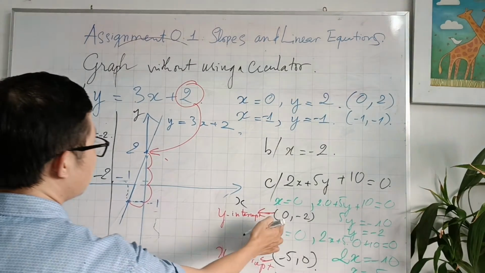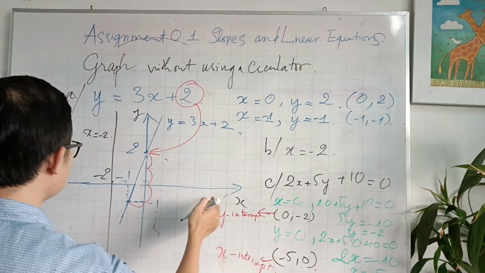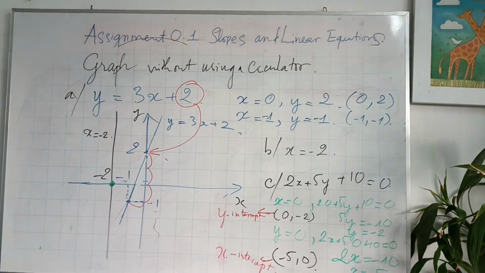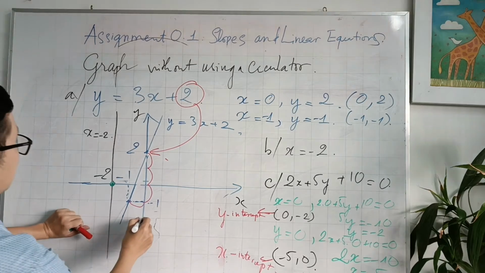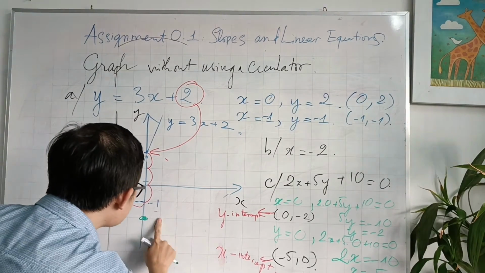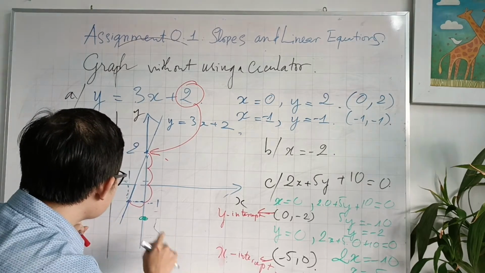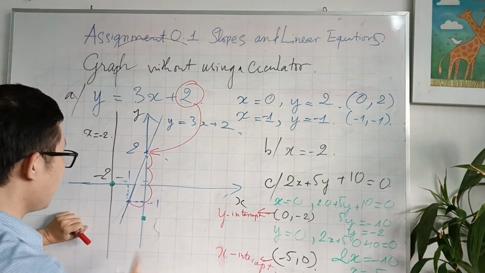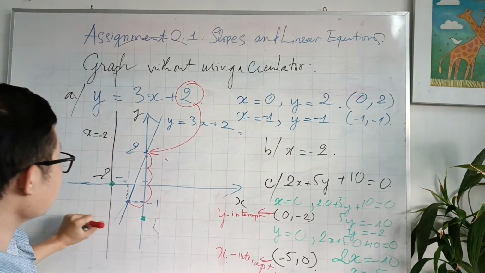So the first point, (0, -2) here. And the second point, oh sorry, (0, -2) here. Maybe I have not had breakfast, so I don't have energy to solve exercises.